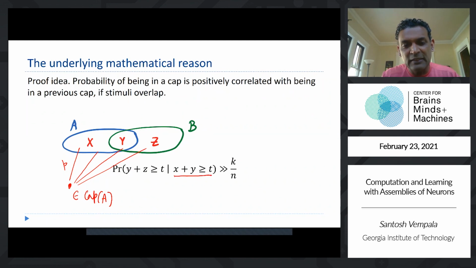Now the question is, what is the chance that the same neuron belongs to the cap of B? For that, you'd need y plus z to exceed t, because z is new, but y is old. But the point is that this conditioning gives you an advantage. y in general should be slightly higher than just random with respect to this threshold, and therefore you get this little advantage, and it's much higher than k over n. So that's the idea.